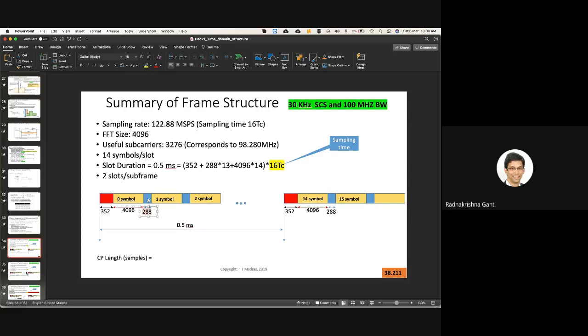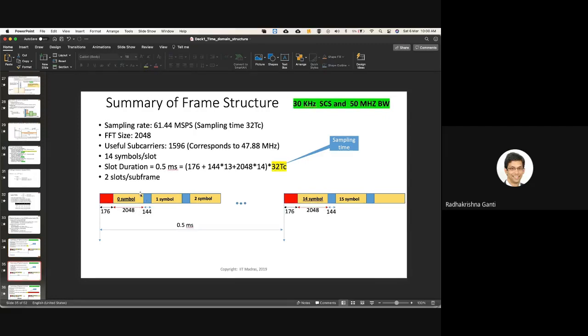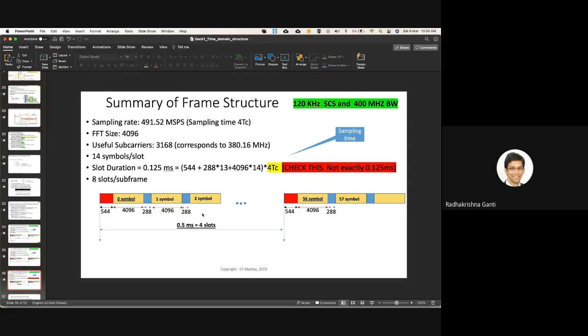Okay. So if you look at the other computation, let's do a different computation. It's 120 kilohertz subcarrier spacing and 400 megahertz bandwidth. This is FR2. You sample at 491.52 megasamples per second.